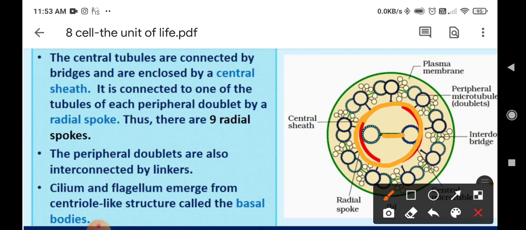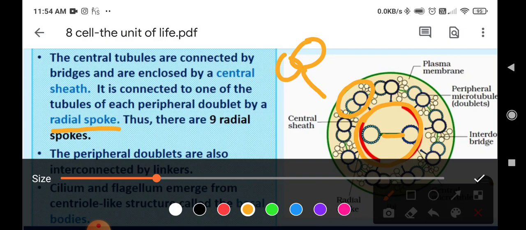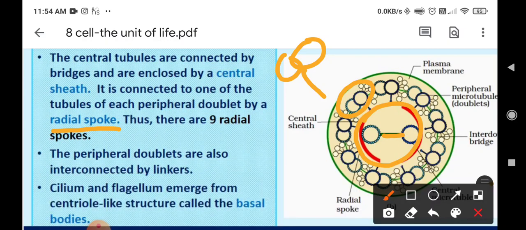All the other doublets are connected through a radial spoke. Here you can see that all these pairs are further connected by a spoke to the central sheath. All these doublets are also connected with each other. Just look carefully: you will see a green line connecting all these doublets. These green lines are known as linkers.